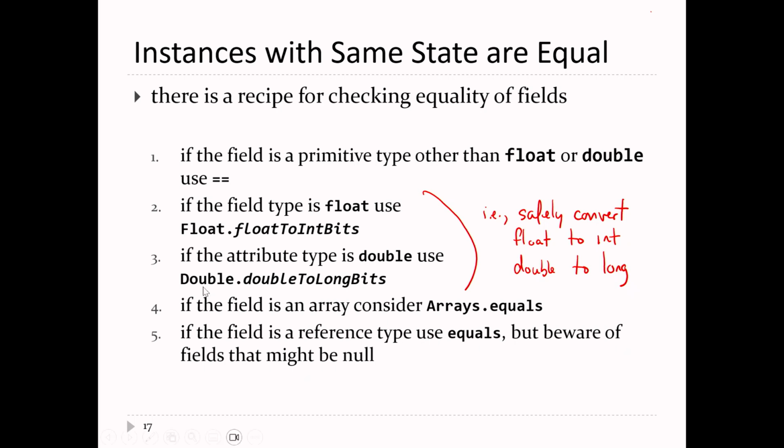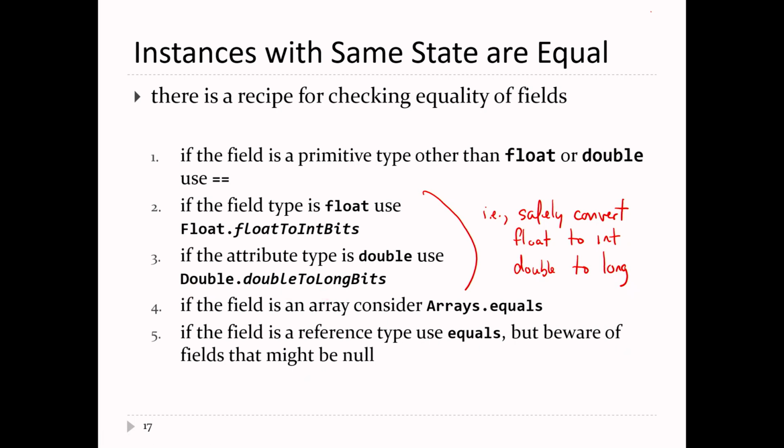Now when I say convert, I don't mean you get the same numeric value. What these methods do is take your floating point number. If you have a float, it's 32 bits, and it simply reinterprets all the bits as though it were an int instead. That does not give you back the same value, so the int value you get back is not the same as the floating point value you used, because it's reinterpreting the bits. doubleToLongBits does the exact same thing for double.